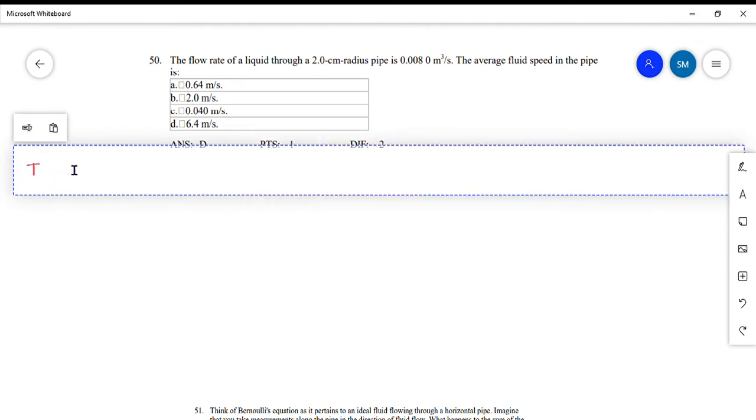Sorry. The volume flow rate is simply equal to V, which is volume, over time. And we all know the volume is the area times the height, over t. Sorry, the height, which here is the normal distance.